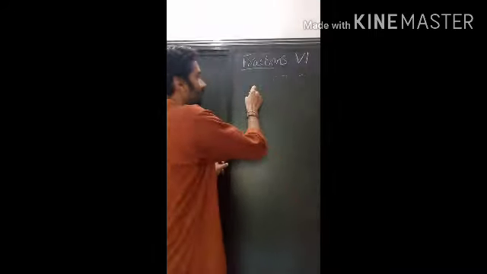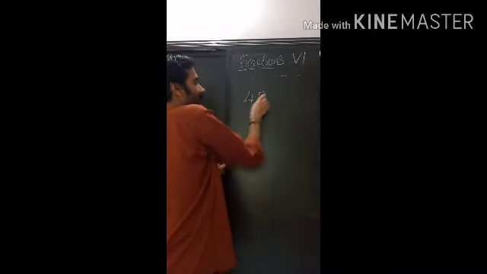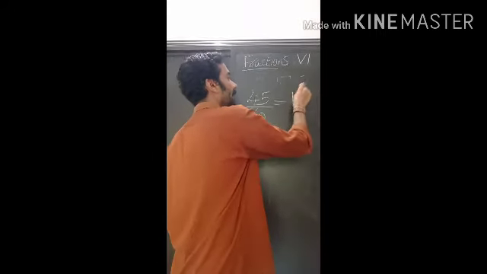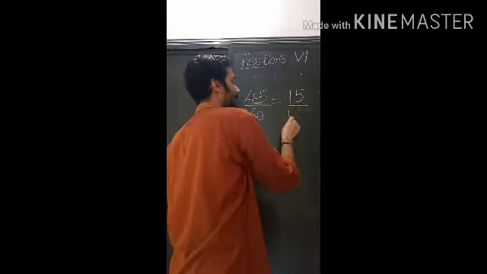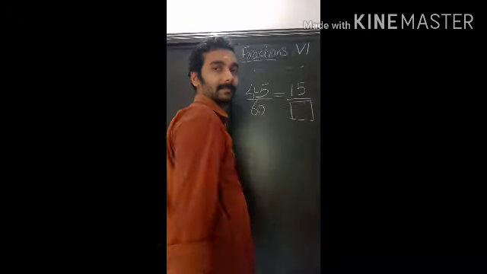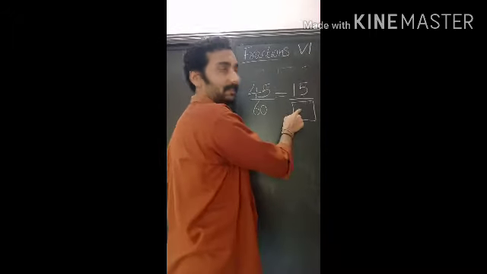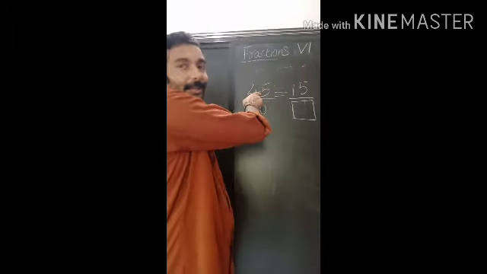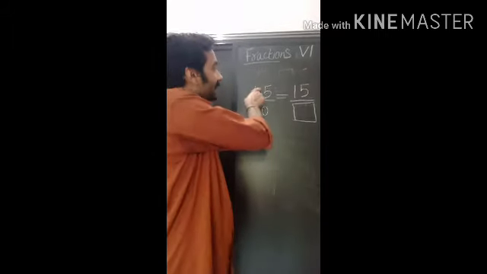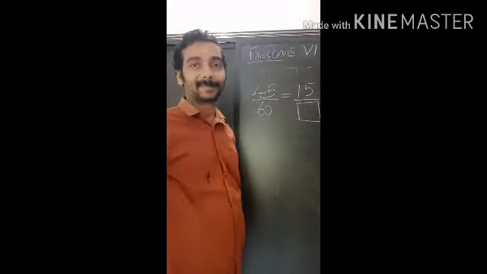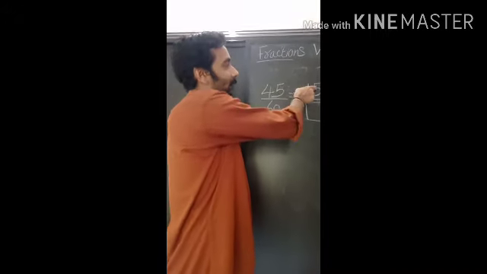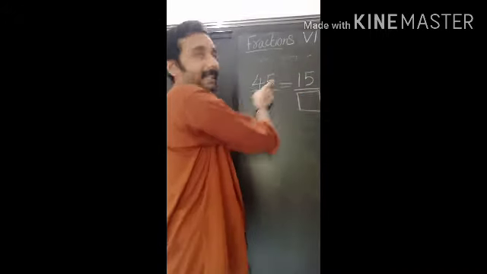Then another question is 45 by 60 equals 15 by this number. In the previous question, the number was less, but in this question this one is 45 and this one is 15, the number is greater.